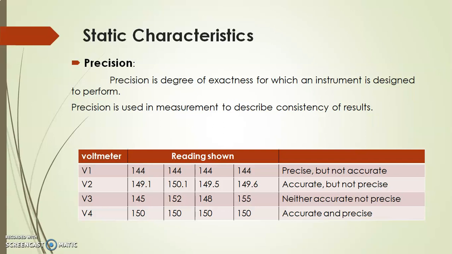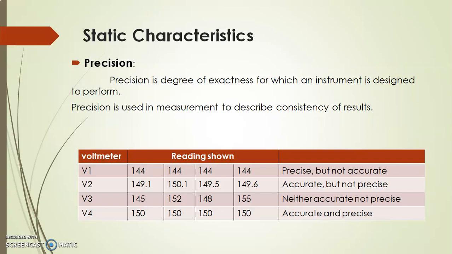It is not precise because it does not show the same reading; it shows a different reading 4 times. And it is not accurate because our standard value is 150 volt and it shows readings far away from 150 volt.